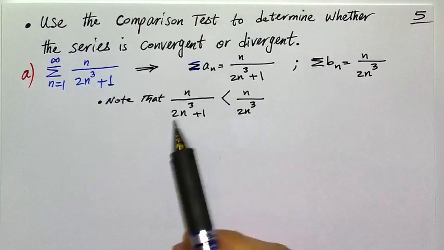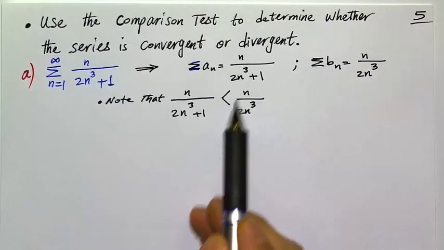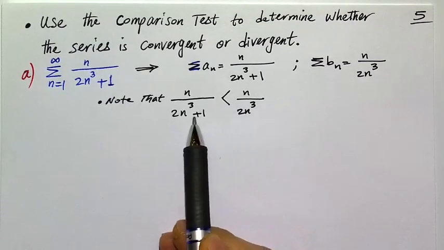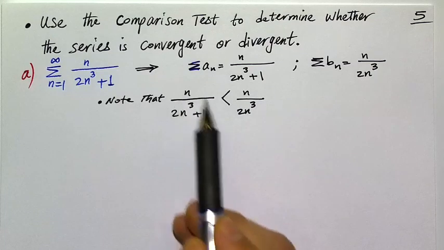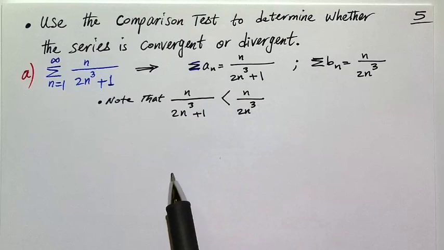If you compare these two, clearly this is going to be the larger quantity, because here the denominator is larger. So we have a smaller quantity here and a larger quantity there.